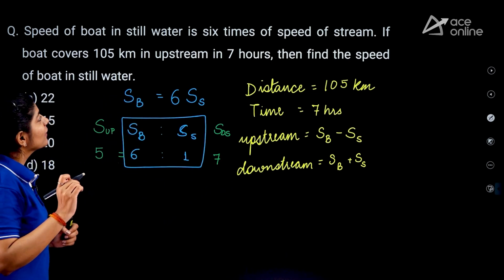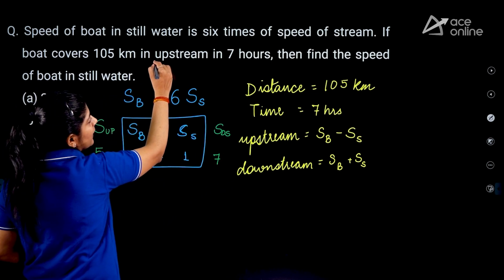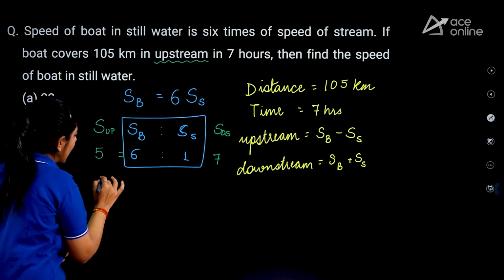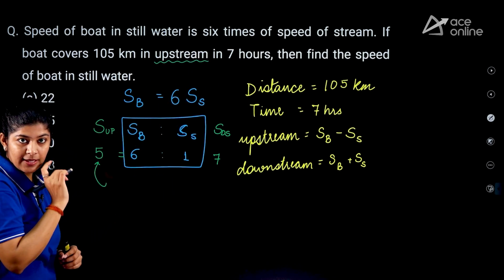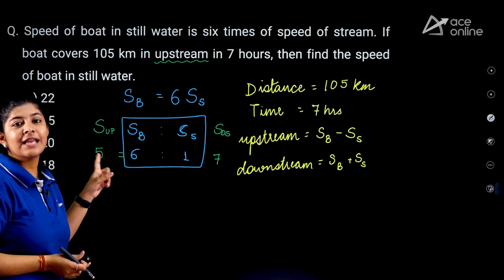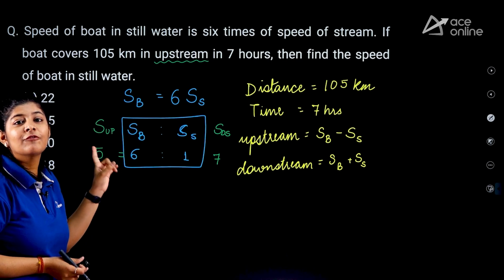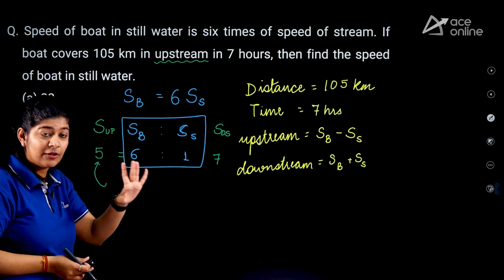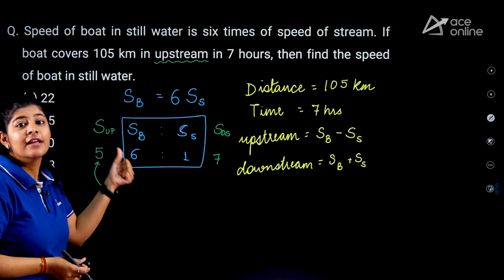But here the question says that we have to deal with the upstream only, so we are going to take this particular speed. But this value is present in the format of ratio, not the value. This is not the value, this is a ratio.